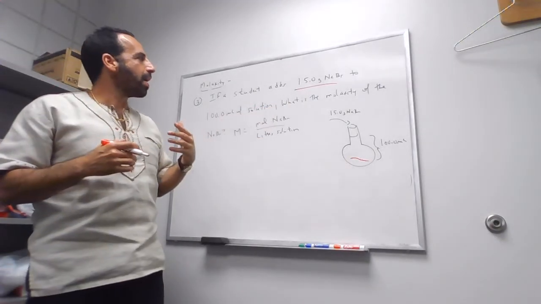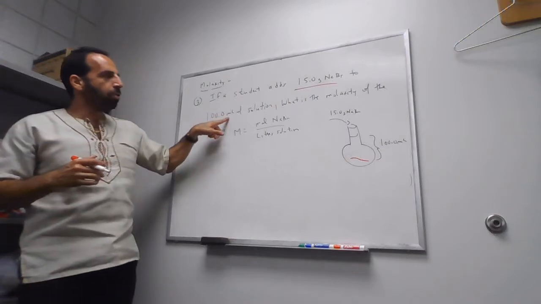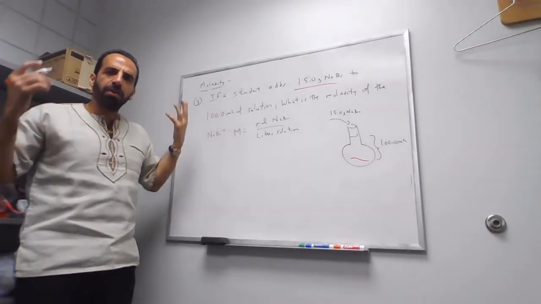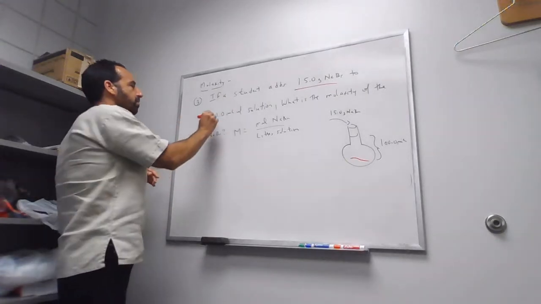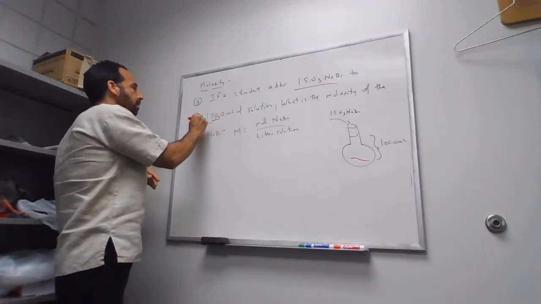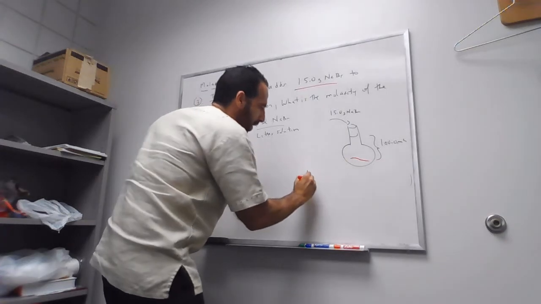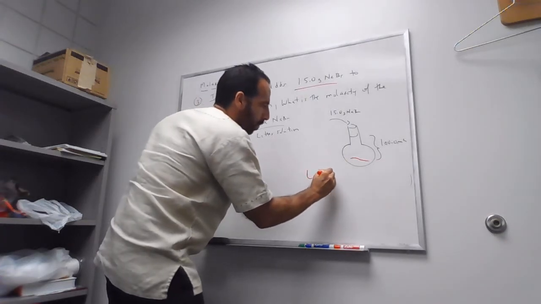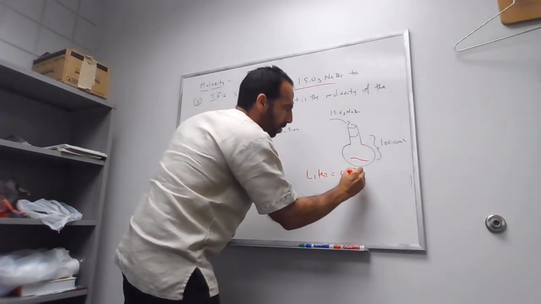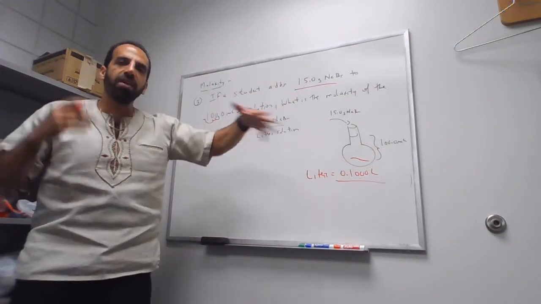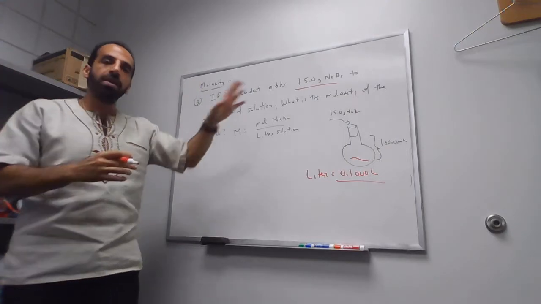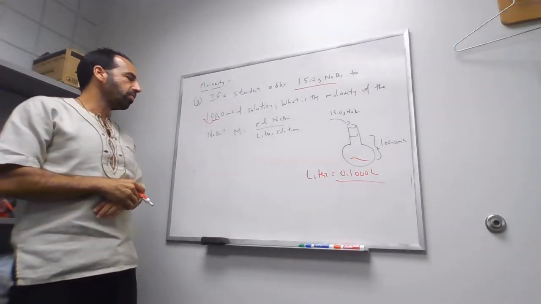Whenever I have solutions in milliliters and I'm doing molarity, this is converted to liters. So to convert to liters, I'm just going to move the decimal over 3 places. So 1, 2, 3. So my liters of solution, let's just get that out of the way, is 0.1000 liters. You can divide by 1,000 or move the decimal over 3 places to the left.